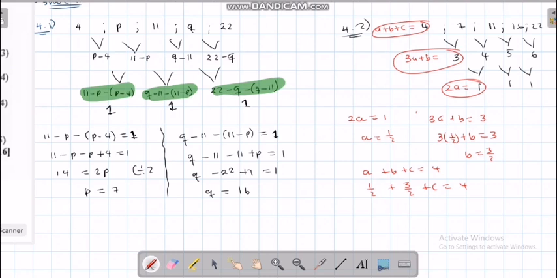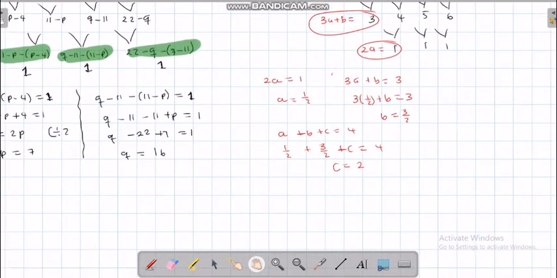Okay, so at the end our c is equal to 4 minus 2, which is 2. Then the general term, say that Tn is equal to an squared plus bn plus c. Therefore now let's substitute. Our Tn will be equal to 1 over 2 n squared plus 3 over 2 n plus 2.